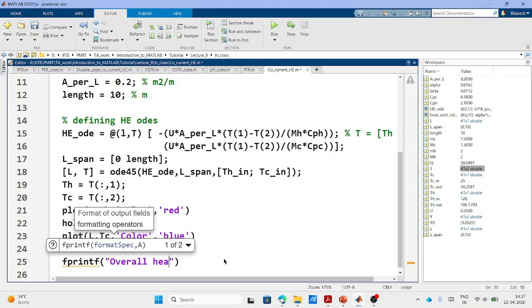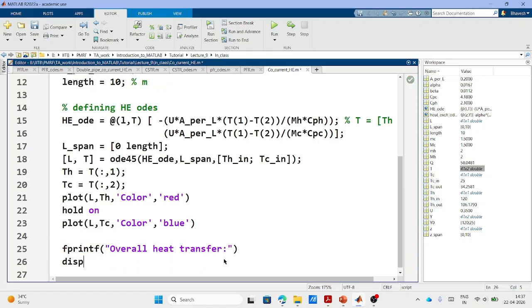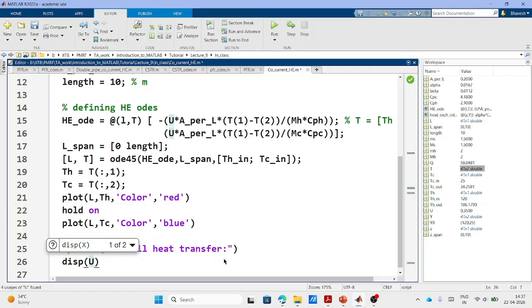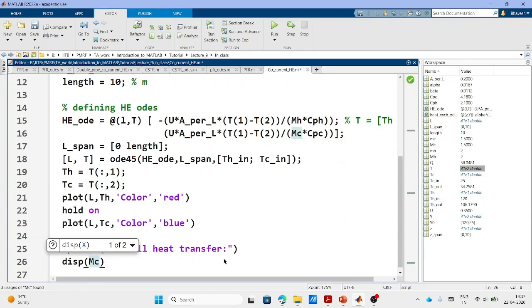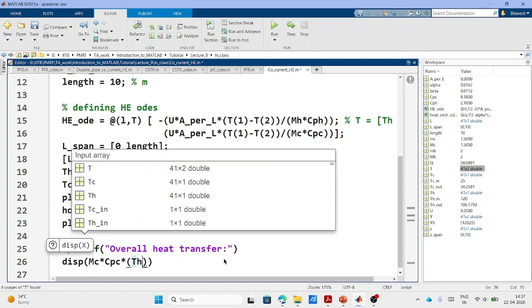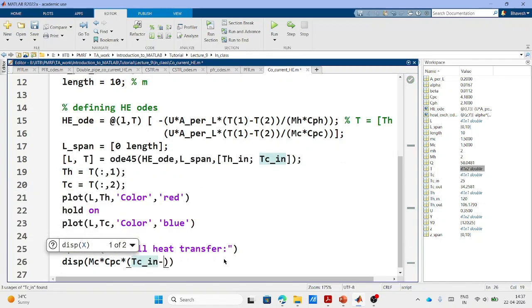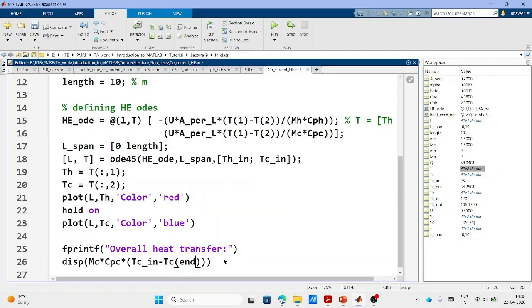Overall heat transfer is equal to, I can do display. You can write MC into CPC into TC in minus this TC vector and its end value I will put, right?